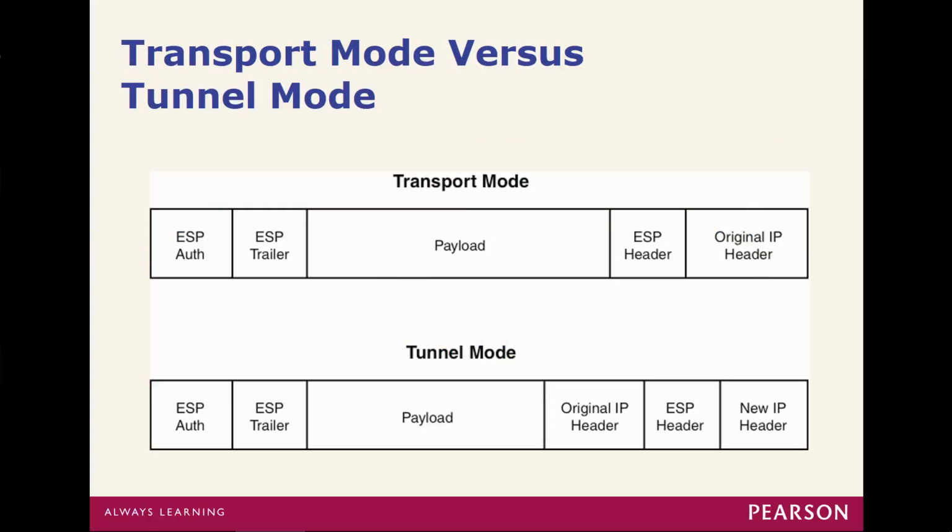So transport mode versus tunneling mode. You can actually encrypt more of this material. You have your ESP authentication and your trailer, your payload, and your header. Then you have the original IP header. In tunnel mode, same general idea, except you have both the original and a new header.